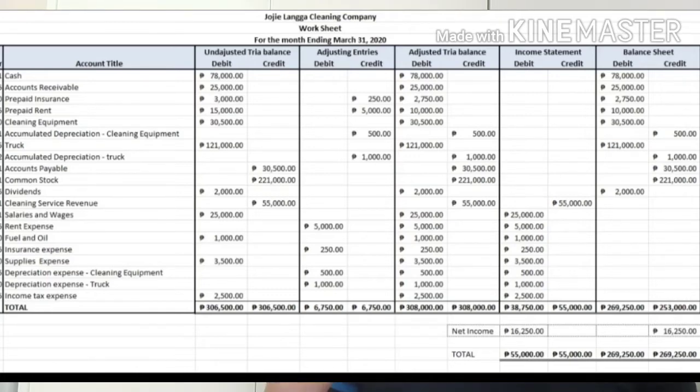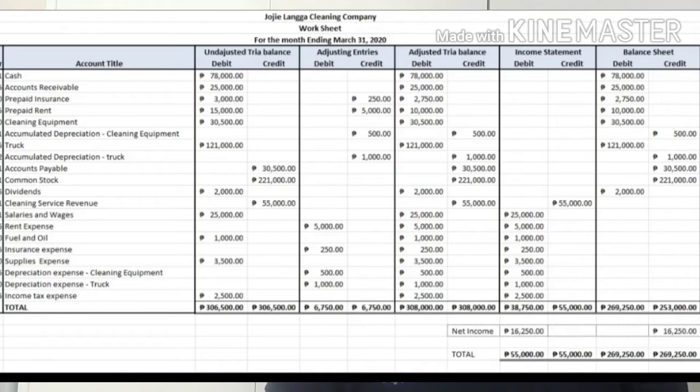Debit and credit, so we deduct: debit 3,000 and credit 250. The difference is 2,750. Which is higher, debit 3,000 or credit 250? Obviously 3,000, so we put the amount in the debit column.